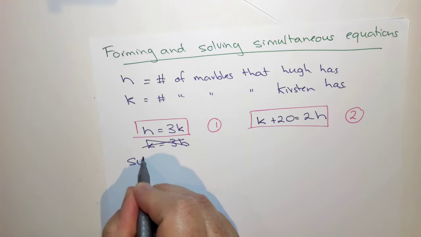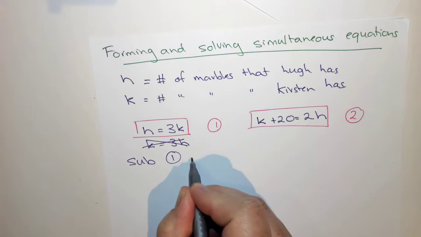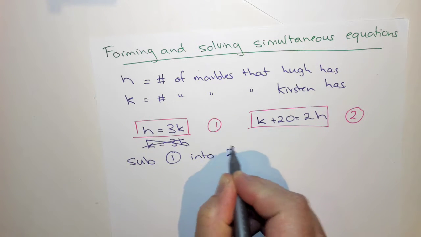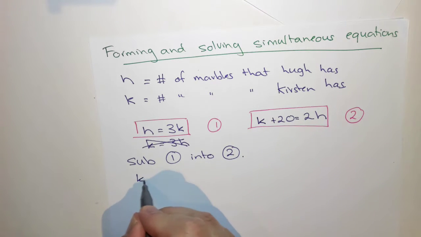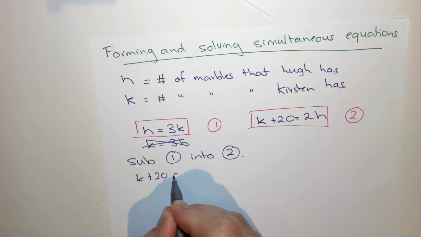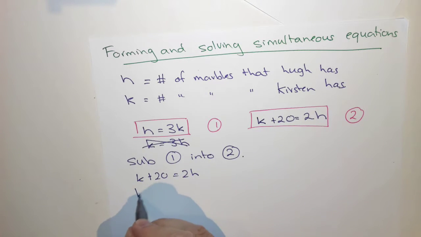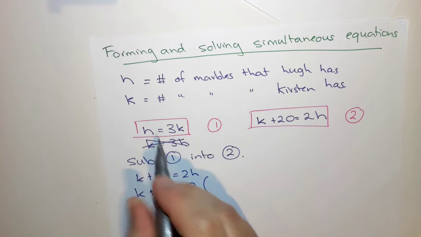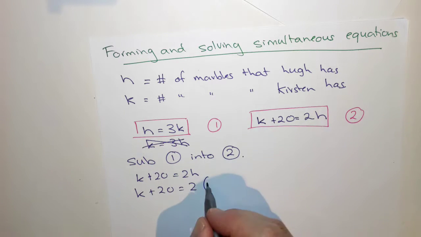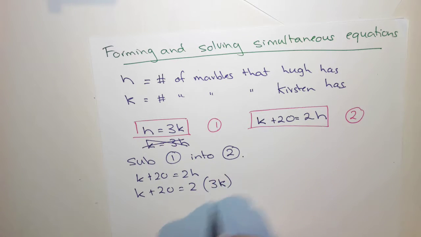So that's my instructions. Substitute equation 1 into equation 2. So I'm going to write down equation 2, K plus 20 equals 2H. And now in place of the H, I'm going to replace H with 3K.